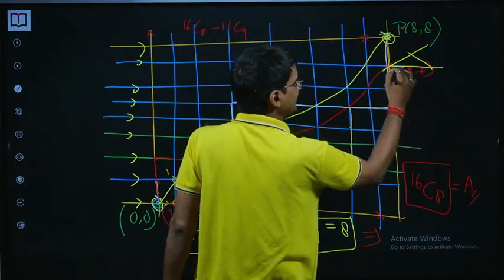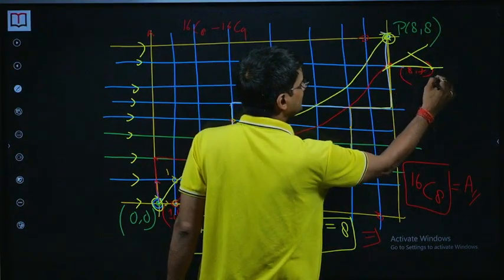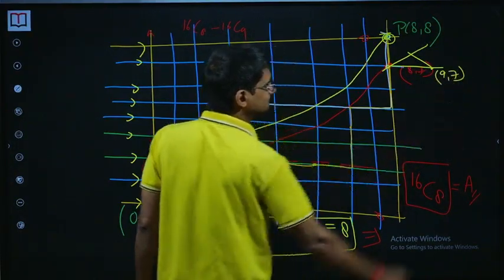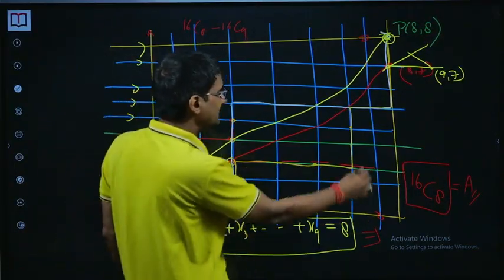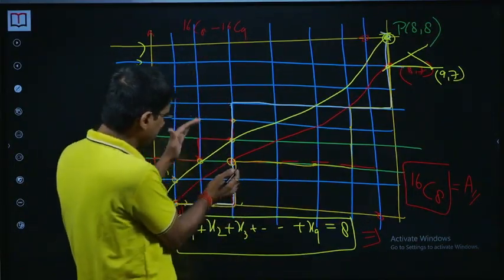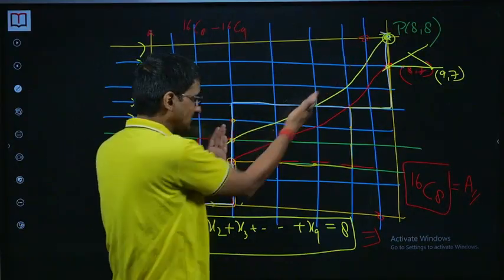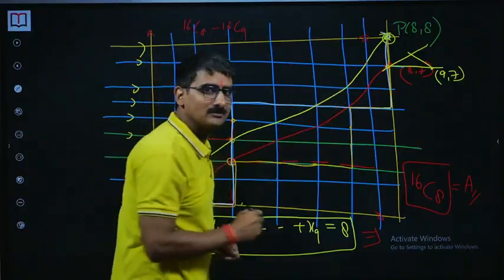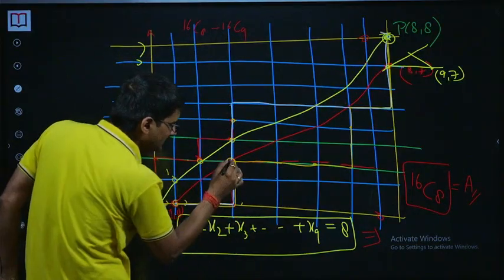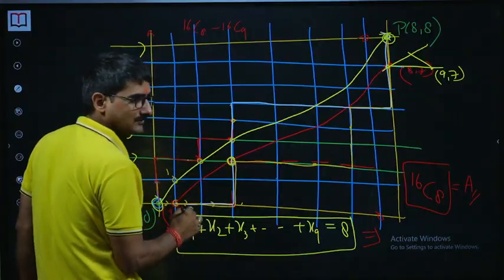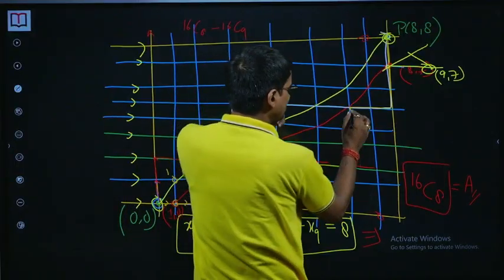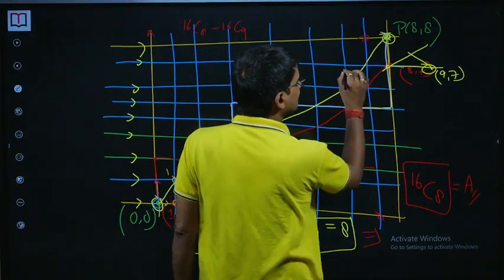So this is 8, 7, this has to be 9, 7. Okay, so when you take the mirror image of the path, when you cross this yellow diagonal, about this red diagonal, from the point where the path intersects the red diagonal, you end up reaching here actually. Okay, so how do you end up reaching here?